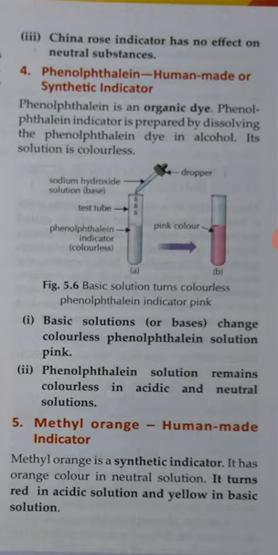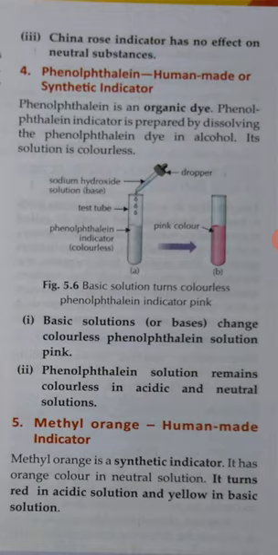If it turns pink in color, that means that is a basic solution. But if there is no change in color, that means it may be either acidic medium or neutral medium. So in this way we use phenolphthalein to indicate whether a given solution is acidic, basic or neutral.